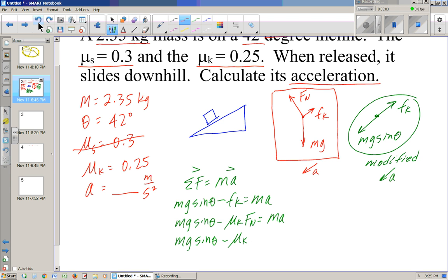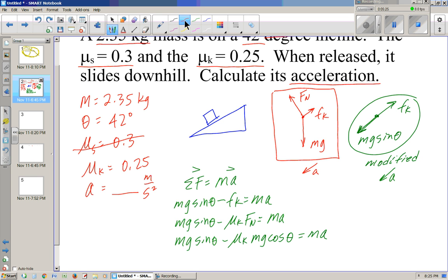So what are we going to put in for that? If you remember back when we did this, the mg sine theta was the part that made it slide down the hill, and the normal force was mg cosine theta. We did this about 3 weeks ago, I believe, and that's equal to ma.